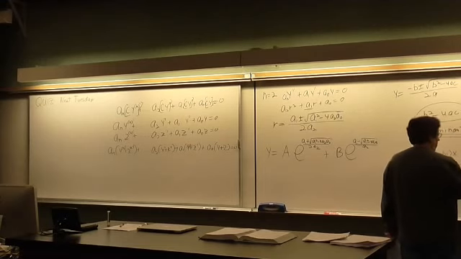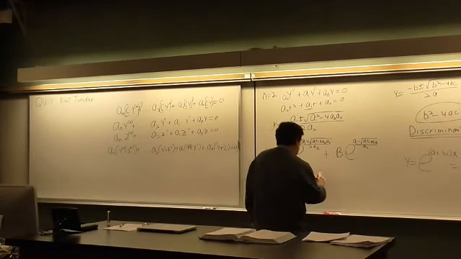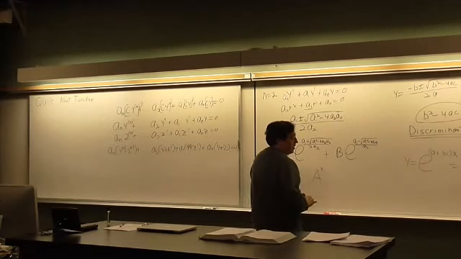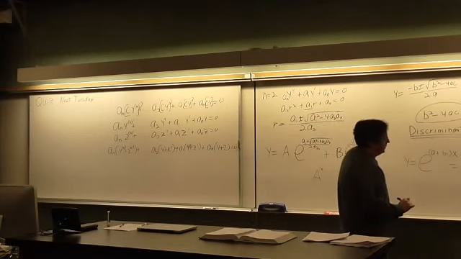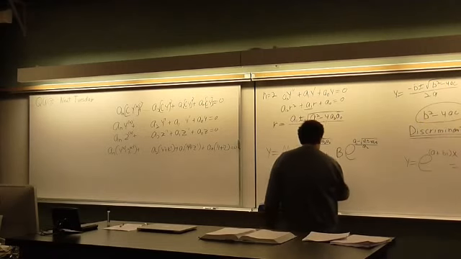And e to the a, that's just some number, so that's not a problem. We'll just call that capital A to the x. And again, this is just e to the bix.